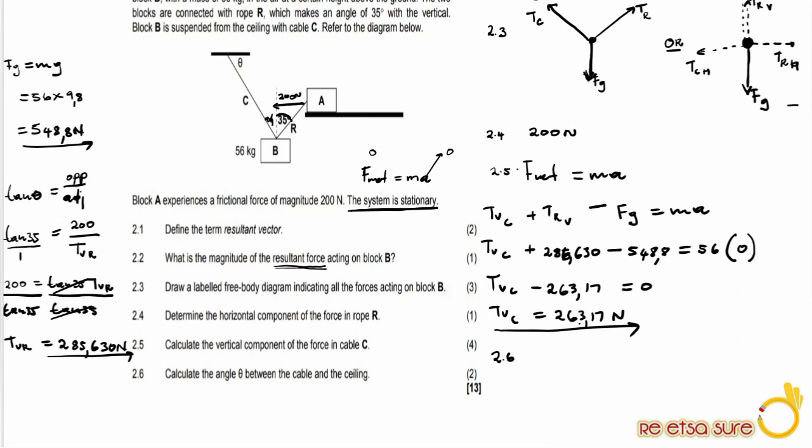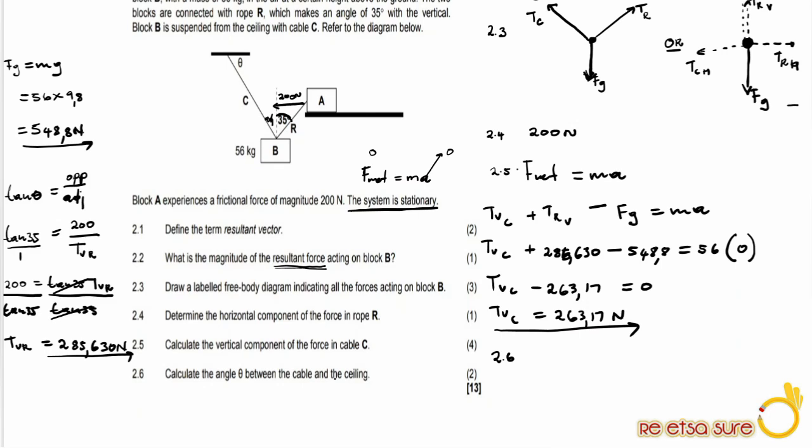And then remember that the horizontal component of this triangle must give us something like 200 Newton. So now we are required to calculate the angle between the cable and the ceiling.